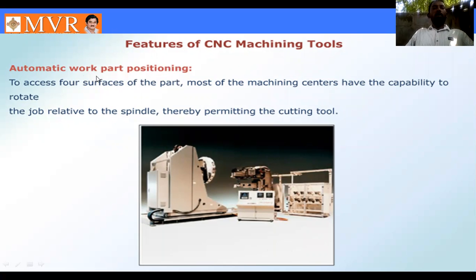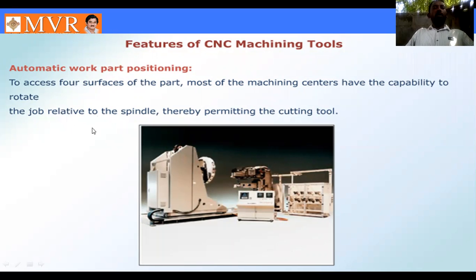Automatic work part positioning means, see here, to access four surfaces of the part. Most machining centers have the capability to rotate. For example, with four positions we can choose one automatically. Some machines have the capability to rotate the surface of the part. That is the main point.